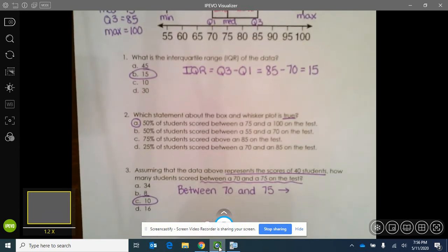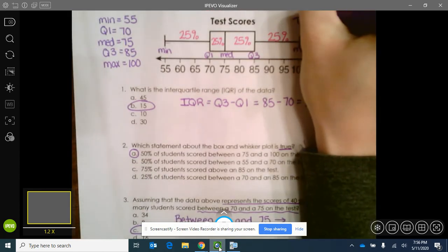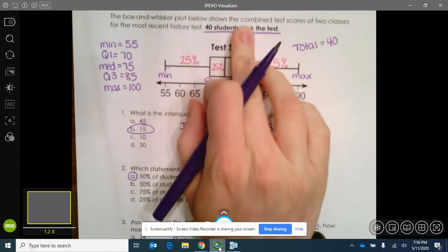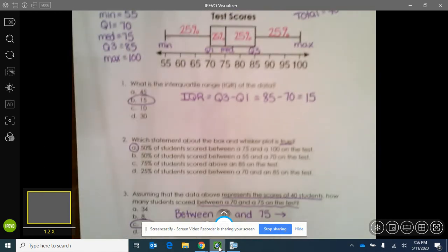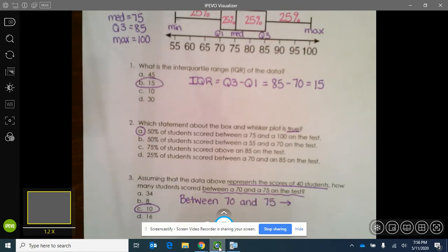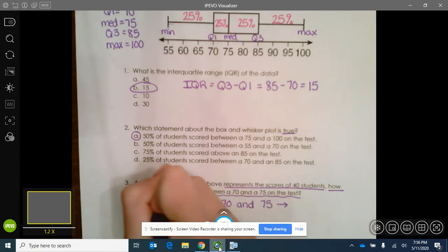Assuming that the data above represents the scores of 40 students, so we have a total of 40 students who took the test, and they told us that up here as well. How many students scored between a 70 and a 75 on the test? Now notice they're not asking for the percentage. They want to know how many students. So they want a number.